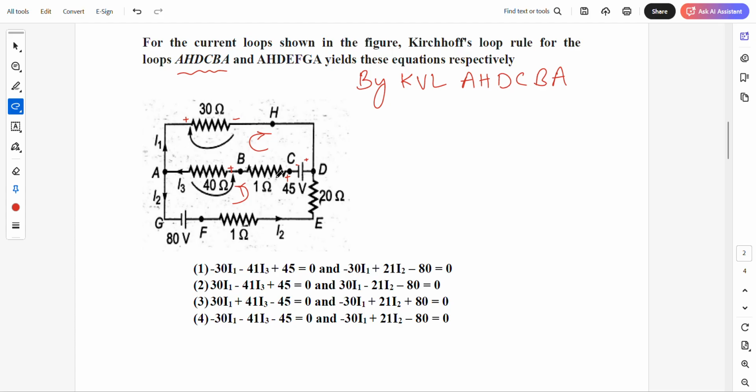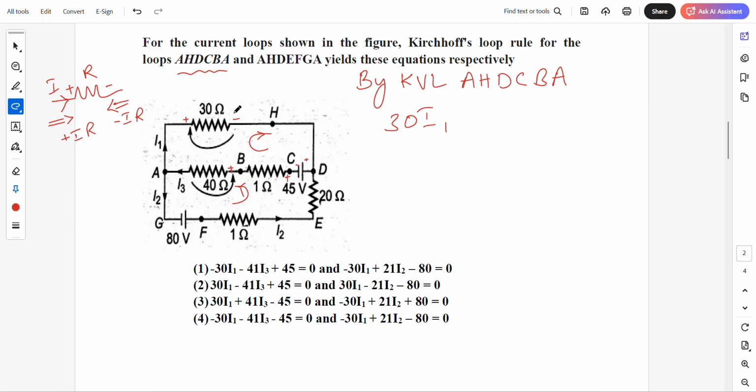In the AHDCBA loop, plus 30 I1. I have told you already, whenever there is a resistor and current flows, this side is plus and this is minus. If I am moving like this, I will write plus IR, this is the voltage drop. If my direction of motion is the other way, it will be minus IR.